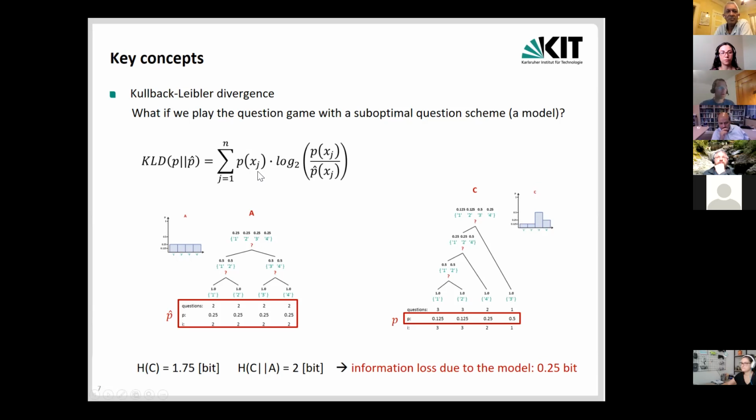Unless we use the optimal questioning scheme, using a model will increase the number of questions on average, maybe not for a particular outcome, but on average. And we can use Kullback-Leibler divergence to measure exactly this additional uncertainty due to using a model, which is nice because we can treat in the same units uncertainty due to data intrinsic variability and the uncertainty coming from the model.